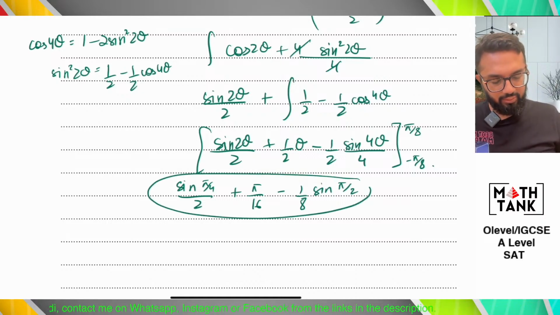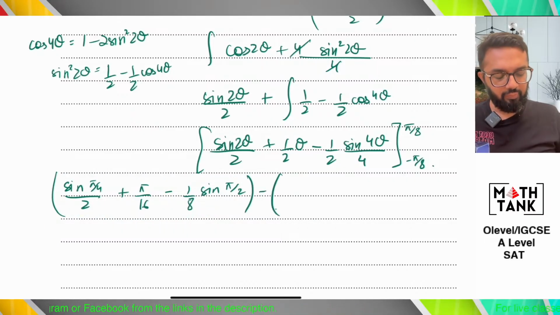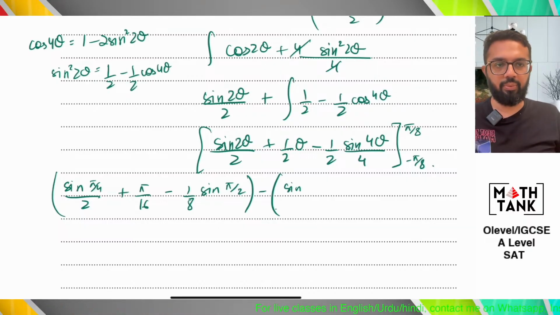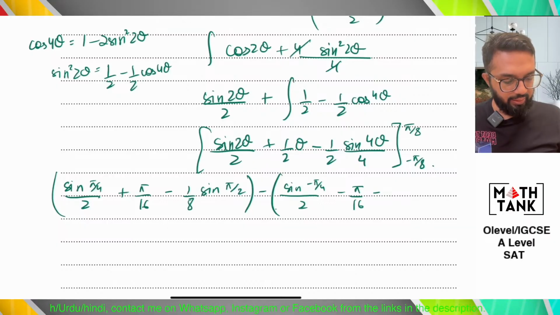The lower limit, I should have written that to the left. Upper limit would be that. The lower limit would be sine minus pi over 4 over 2 minus pi over 16 minus 1 over 8 sine minus pi over 2.